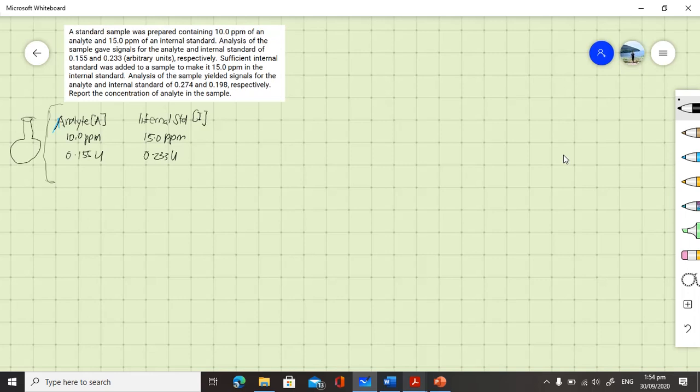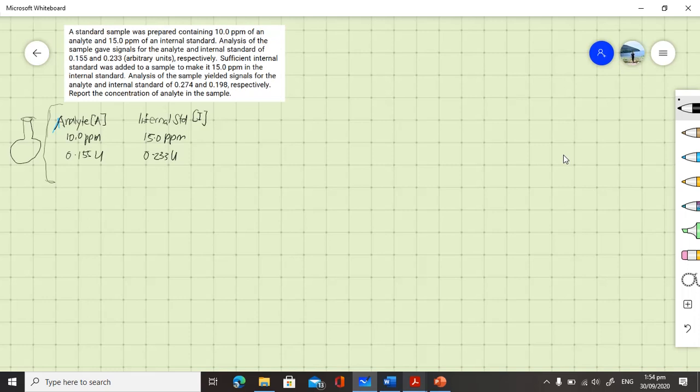Inside one volumetric flask, you put 10 ppm of analyte and 15 ppm of internal standard. So, both these substances are present in this flask, and then it is run in the instrument. Then the instrument gave this reading, 0.155 and 0.233.